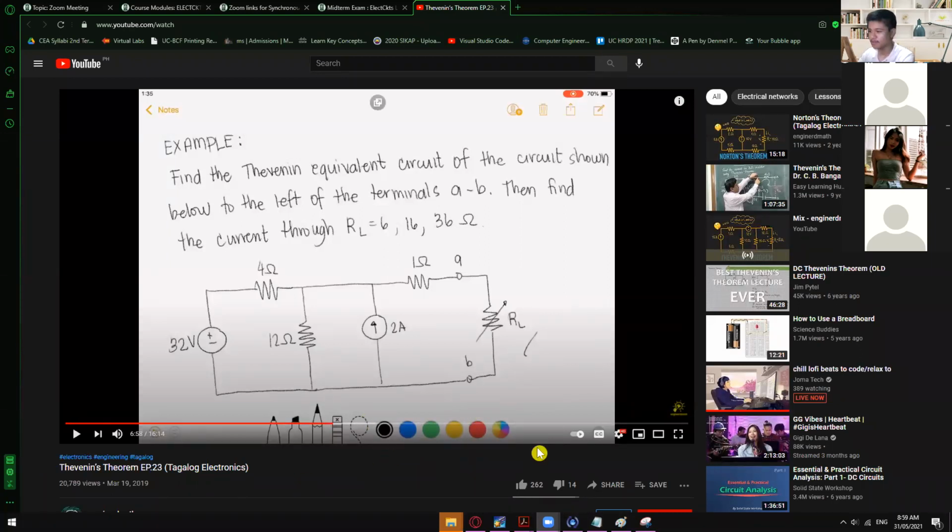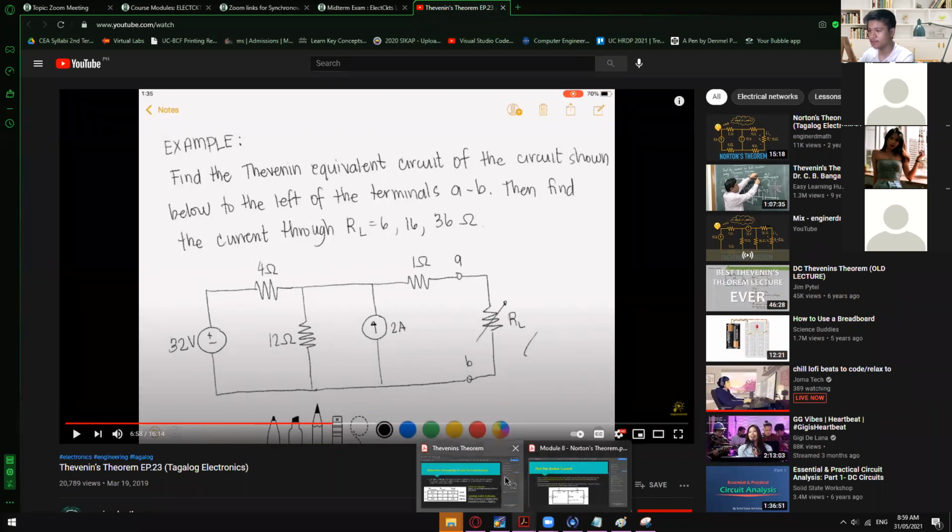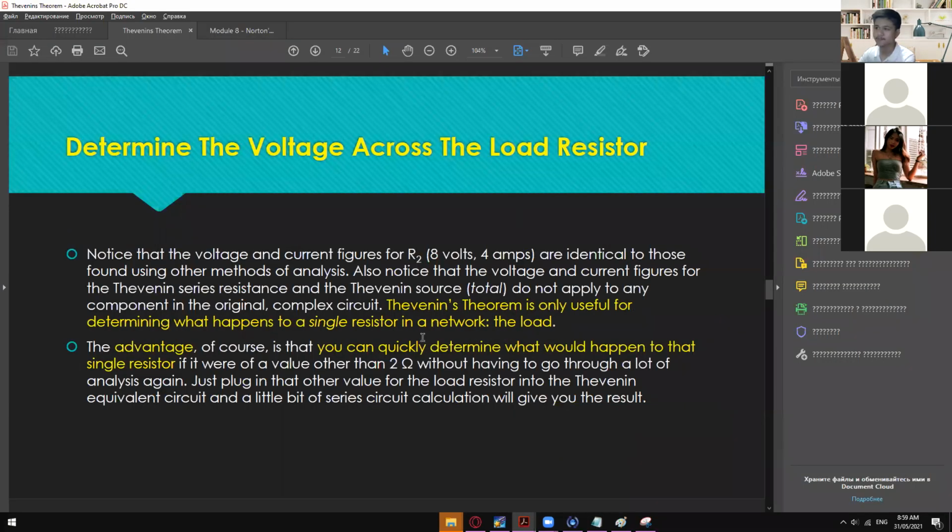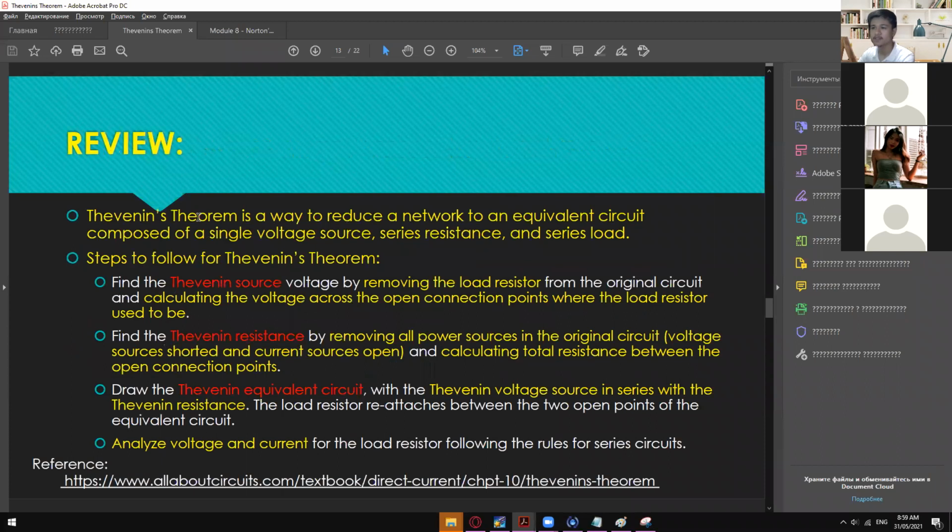So if you guys don't have a question anymore, then we can now proceed to the next example. Before that, let's just have a review. Again, the Thevenin theorem is a way to reduce a network to an equivalent circuit composed of a single voltage source, a series resistance, and then the load. The steps to follow: find the Thevenin source first, and the Thevenin resistance.